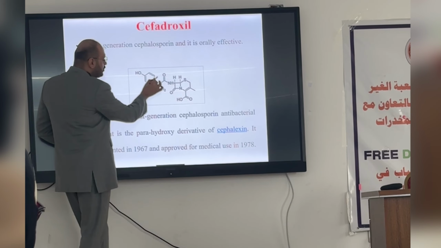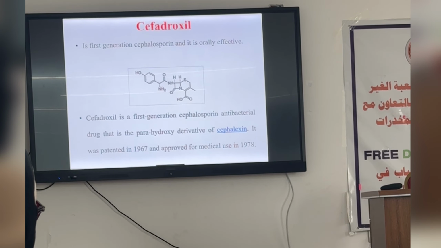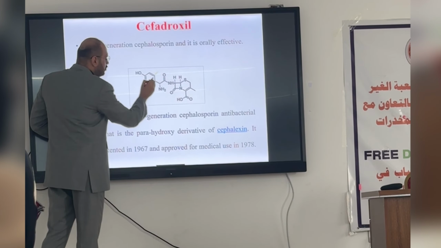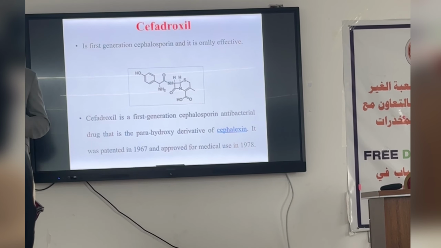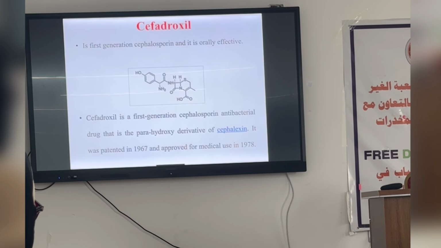Because compared to this group, you remember, we have ortho, meta, and para. So we have the para-hydroxy group if you want to compare this compound, cephadroxine, of the same generation with cephalosporin, but it is a little bit more pure compound.